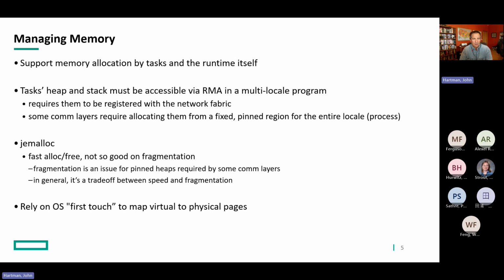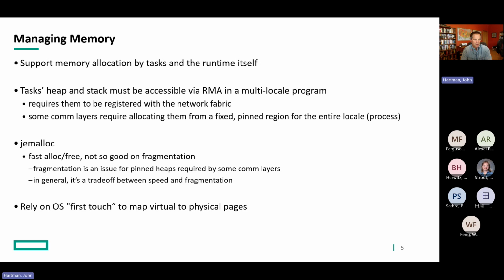Now, right off the bat, we're going to see that these things can't be organized into layers because the memory interacts with the networking layer, so to speak, because of the tasks' heap and stack. So as we're running Chapel tasks, in general, those have to be accessible to the network when you're running in a multi-locale program. And I'll discuss that more when I get to talking about the network layer. But there are hooks in the memory management to deal with the network properly.